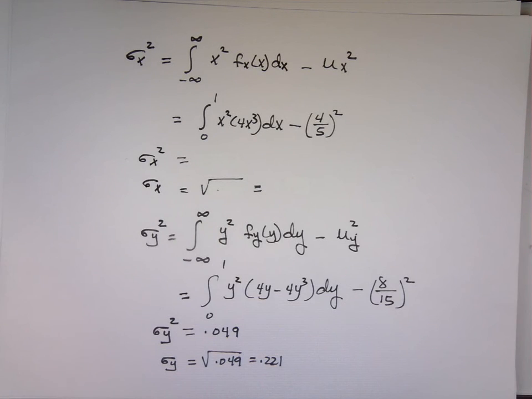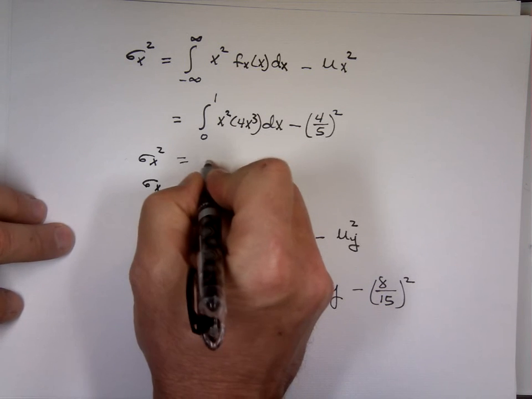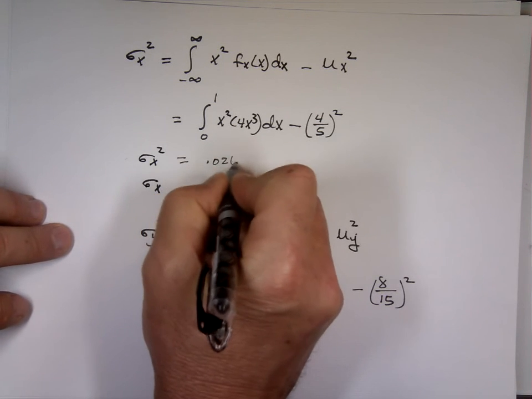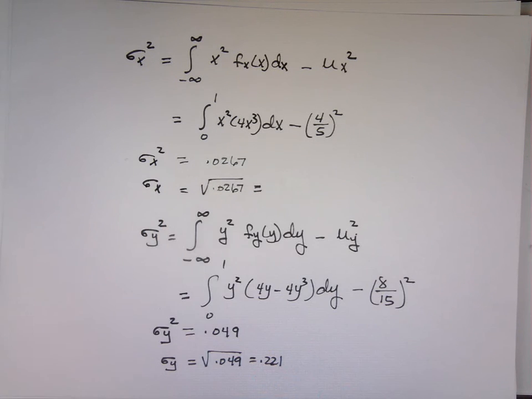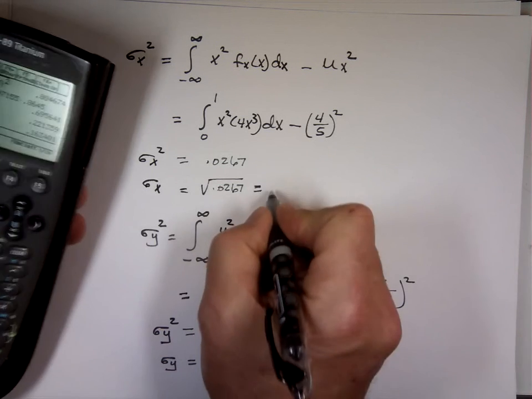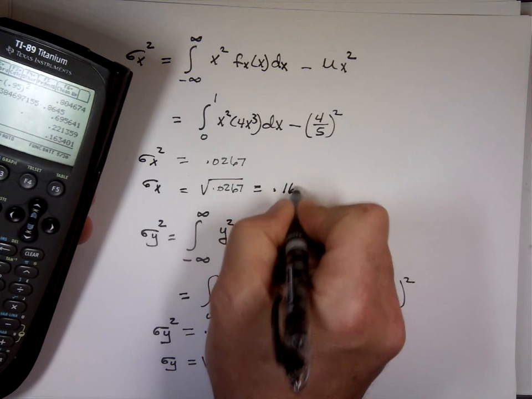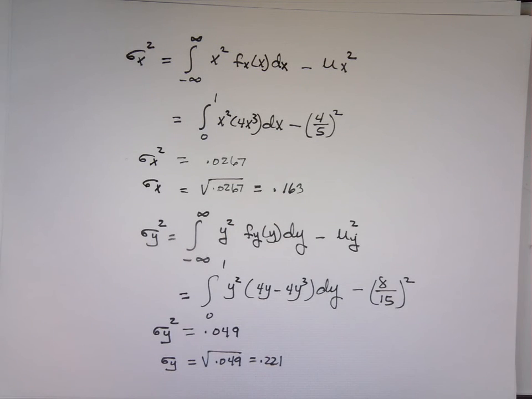Sigma y squared is 0.0266 or 0.0267. Just go to the calculator and plug them in. The square root of 0.0267 is 0.163. So I get sigma x, I get sigma y, I get the covariance.